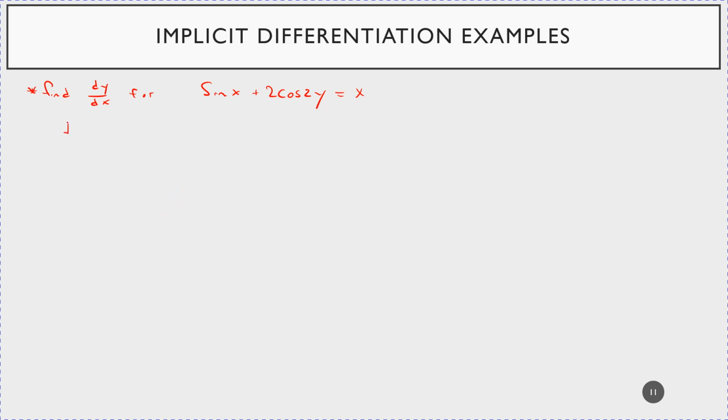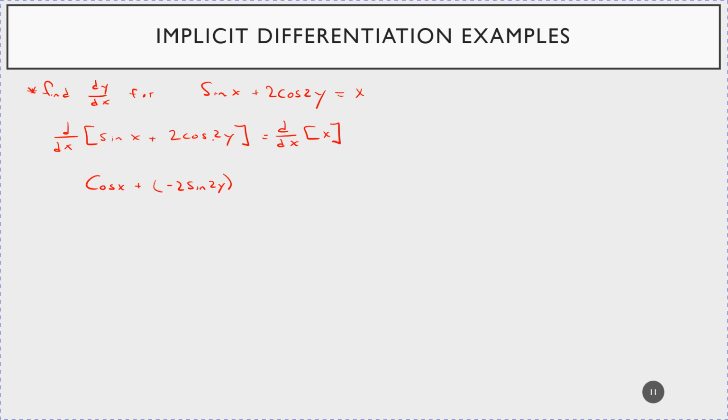Okay, so again, you're going to differentiate both sides with respect to x. Okay, so we know the derivative of sine here, that's cosine of x, plus. Now here you're going to need to use the chain rule. Got to be careful, okay? So the derivative of cosine, so that becomes minus 2 sine of 2y.